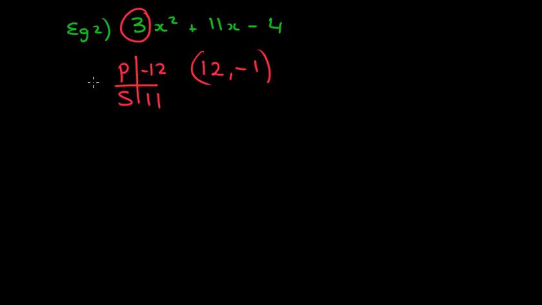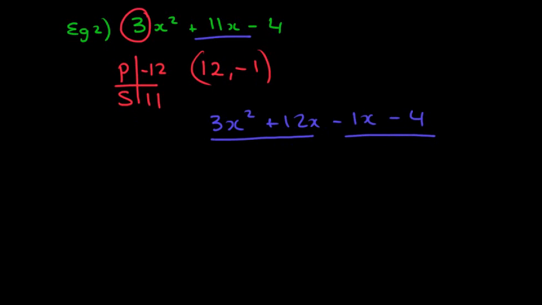There's a number in front of the x squared, so we now are forced to split the terms. So let's rewrite it out. 3x squared, instead of having that 11x, I'm going to write in plus 12x minus 1x, or just x, minus 4. I'm going to underline the first and the second terms. Okay, let's have a look what goes into both.